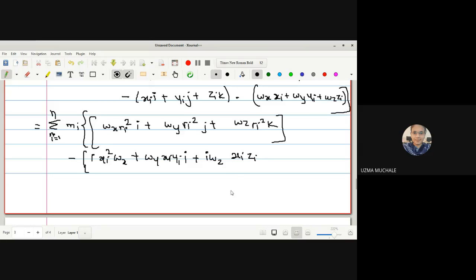Write the i. Plus, what is the next term? We have to multiply this yi j with all these terms.